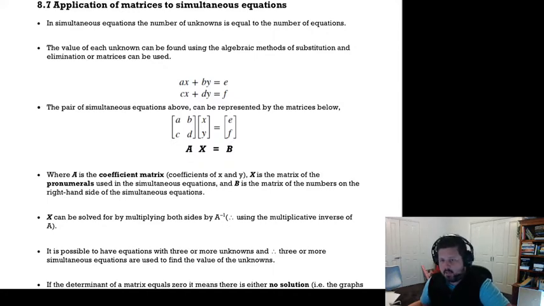Now, if you have some simultaneous equations like that and you need to pop them into a matrix format, here is how it's going to look. So in the first matrix here, you're going to have the coefficients that are the numbers in front of the unknown variables. So we've got the a and we've got the b here. They're listed. In the second row, you're going to have the coefficients of the second equation.